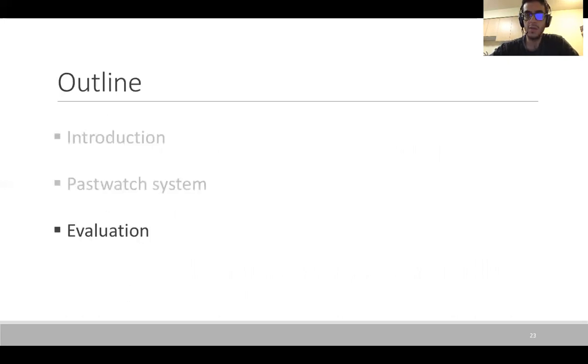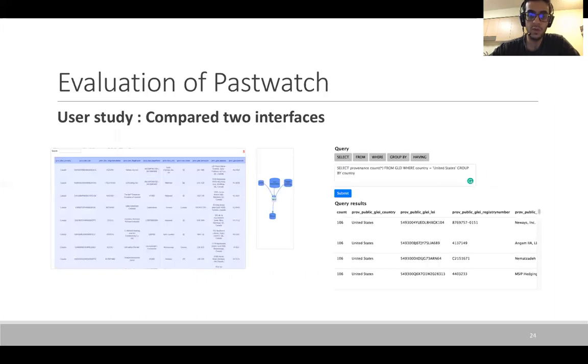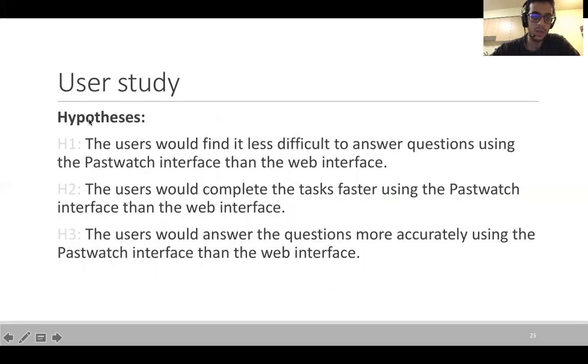Now, in terms of evaluation, we conducted a user study where we compared 2 user interfaces, that of Pastwatch, as well as a web user interface where users could enter queries and look at tables. We came up with 3 hypotheses. The first one is that the users would find it less difficult to answer questions using the Pastwatch interface.